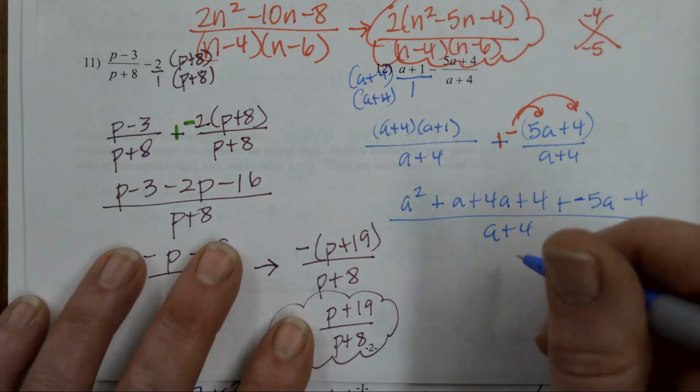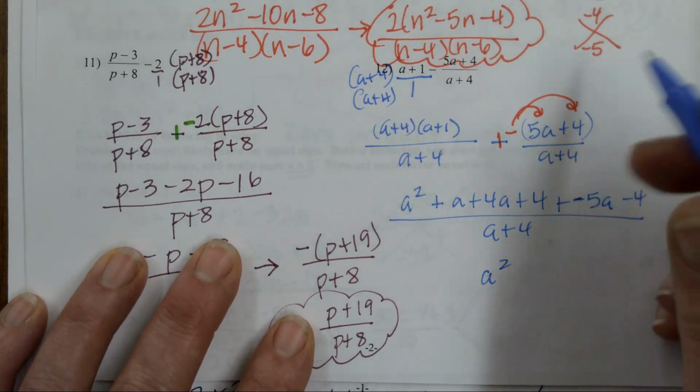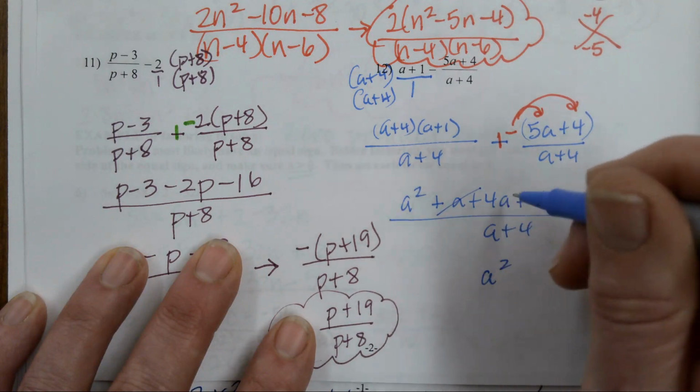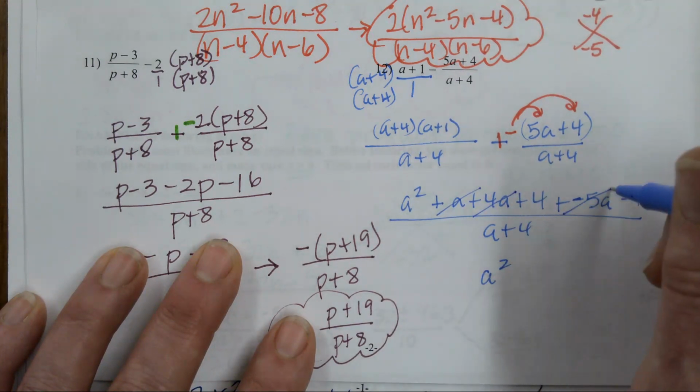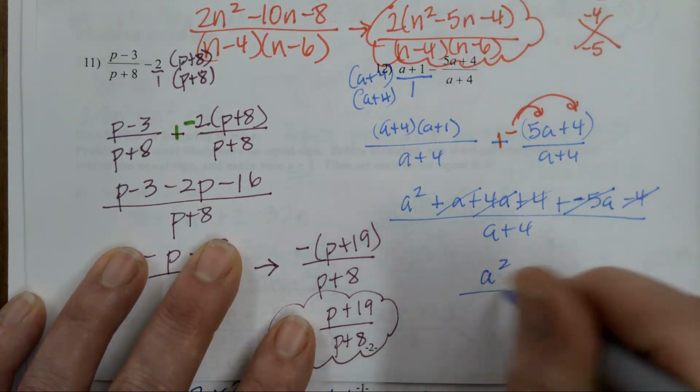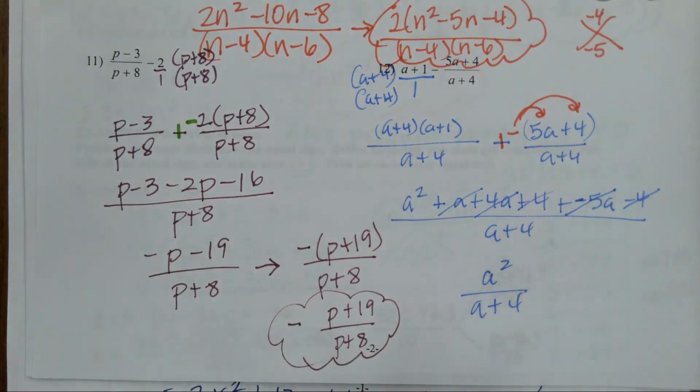So it looks like I have a squared. This is 1 plus 4, 5, minus 5 gone. 4 minus 4 gone, over a plus 4. Can I cancel out an a? No. Again, same thing, plus between it.